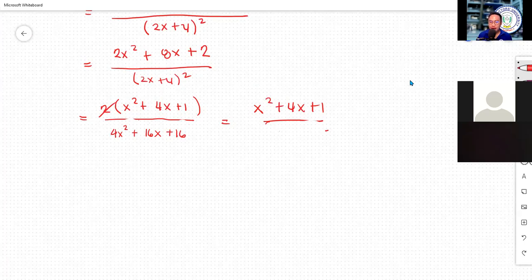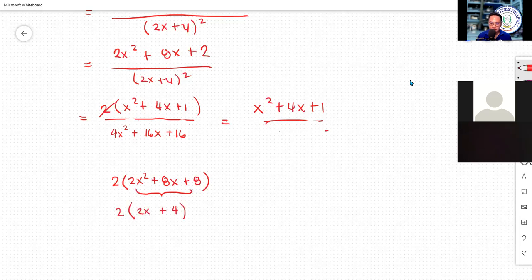Agree? And then you can factor out 2 from here. I'm working on the denominator. So it becomes 2 times 2x squared plus 8x plus 8. And then we can factor this out.